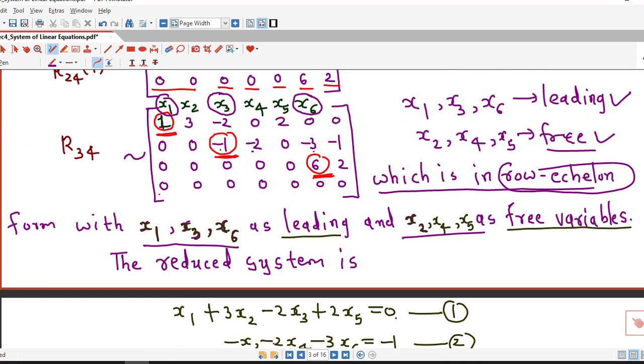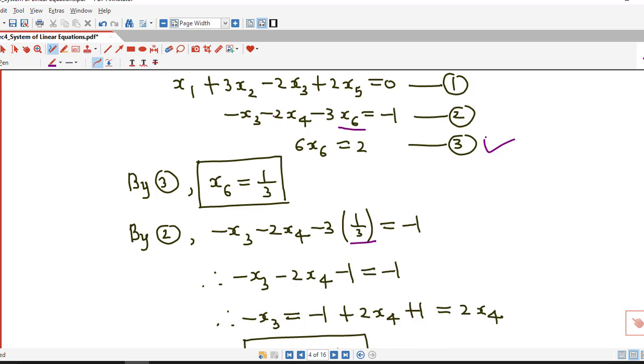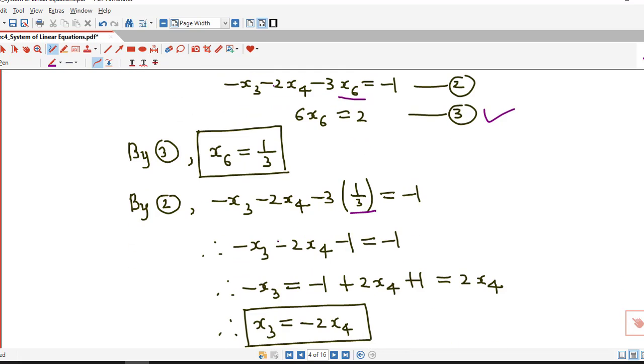Now x3 is a leading variable and x4 is a free variable, so we express x3 in terms of x4. Here we have minus x3 equal to minus 1; taking the rest to the right hand side, plus 2x4 plus 1, the minus 1 and 1 cancel out, leaving 2x4. Because x3 is leading, we have expressed x3 in terms of the free variable x4.